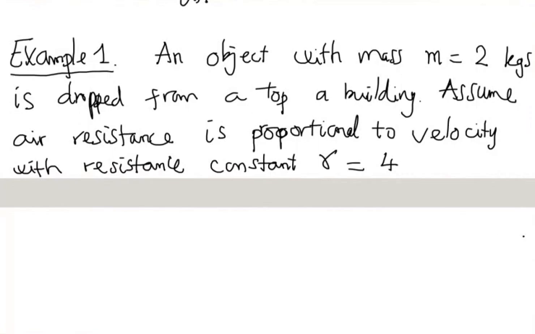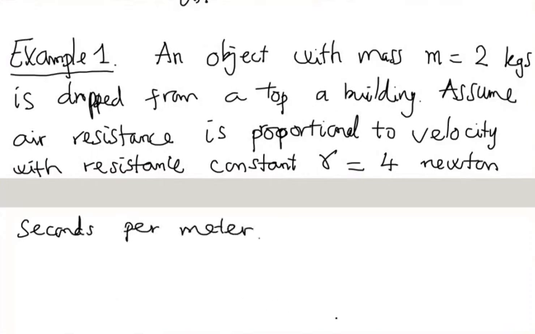It's not very important when we solve the equation, but let me write it down anyway. That's Newton seconds per meter. This is a weird unit, but as you know, in physics, we need to match up the units. So we need a unit for the resistance constant.